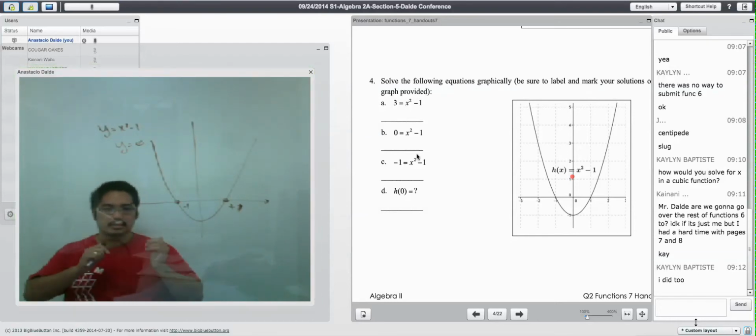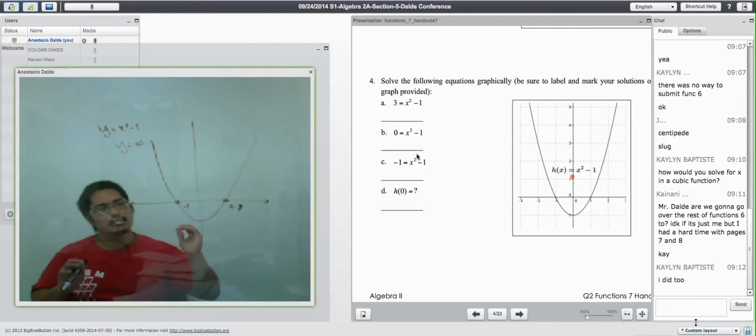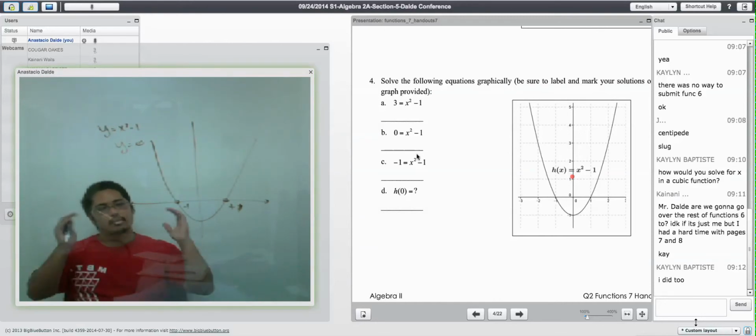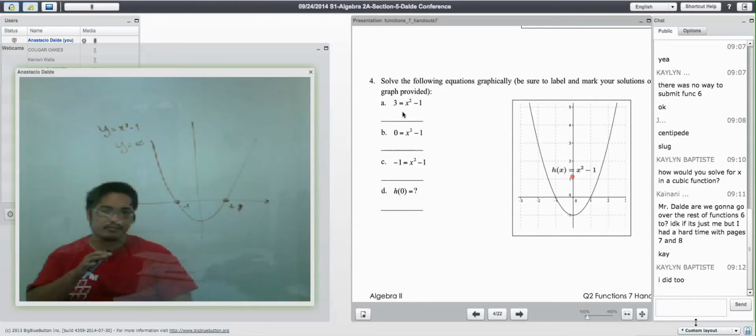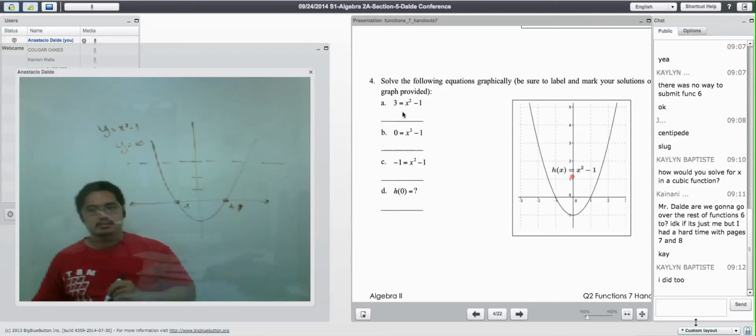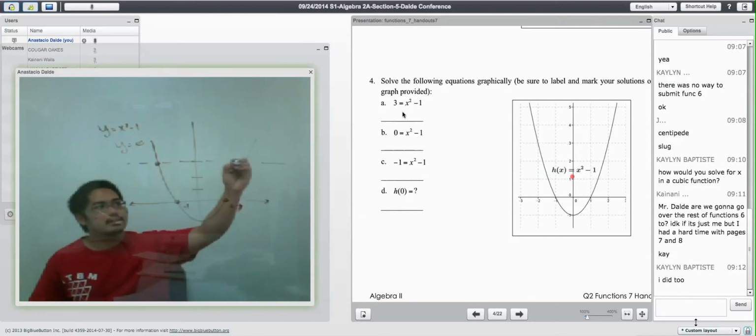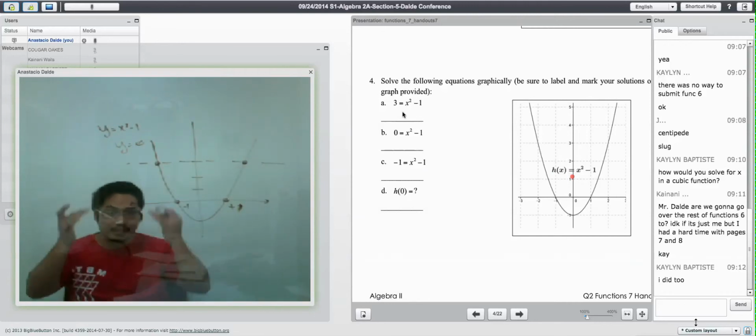Now, you don't need to always have it equal to 0. This question over here for part A is saying, what are the x values such that it gives you a y value of 3? So I say, okay, what x values make the graph cross this imaginary dotted line that I'm putting in my head at 3?